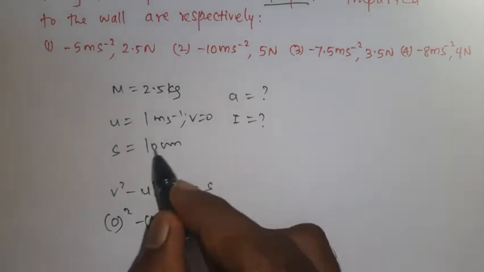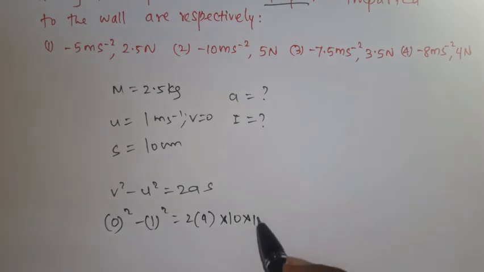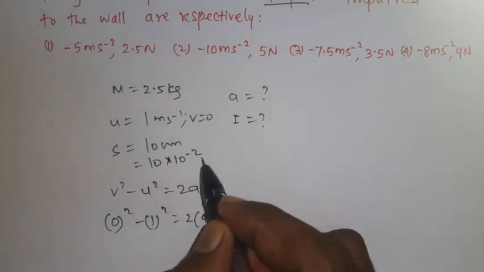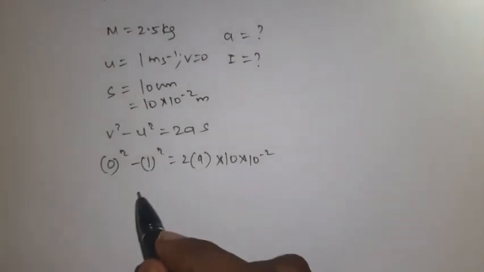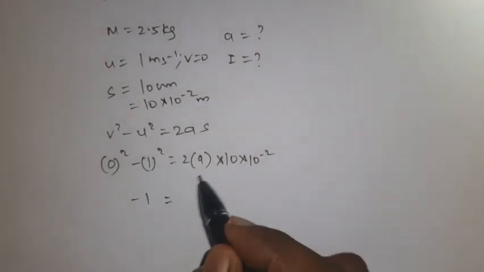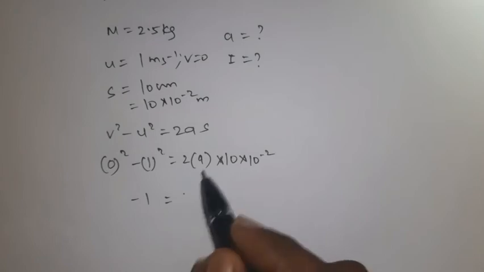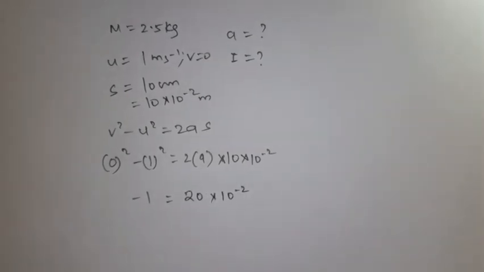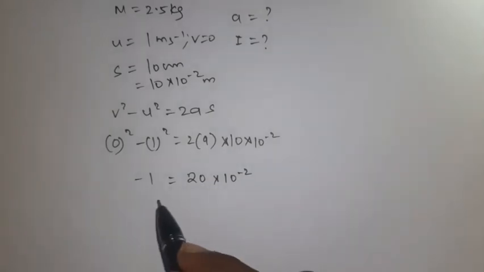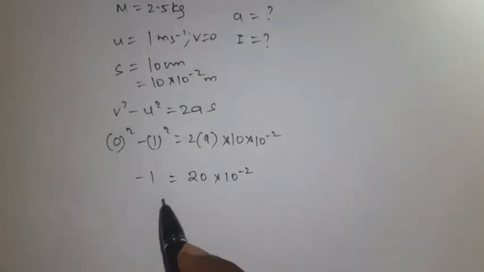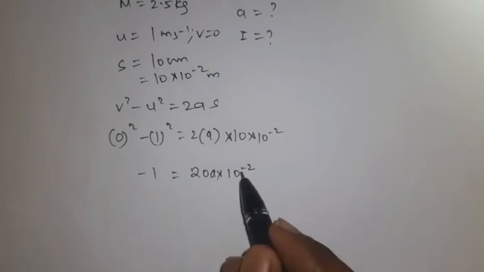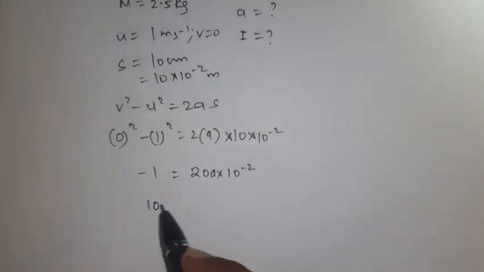10 centimeter converted into meter is 10⁻² m. Minus 1 square is 1, equal to 2 into a, that is 20 into 10⁻². Then 10⁻² came here means 10 square.